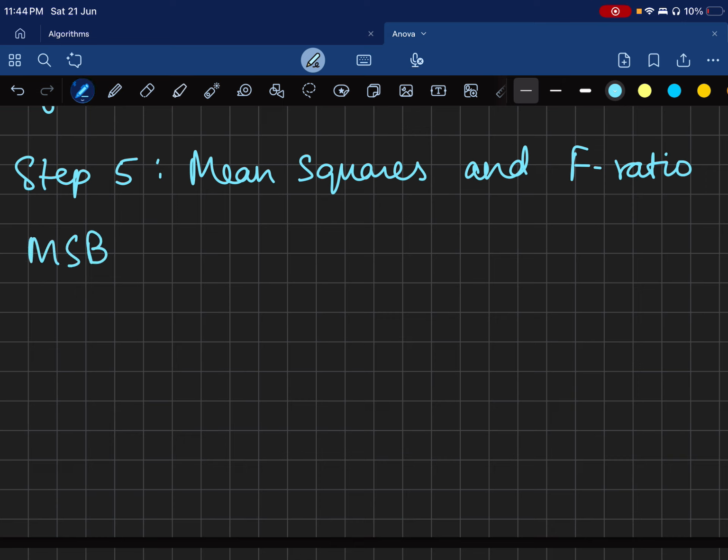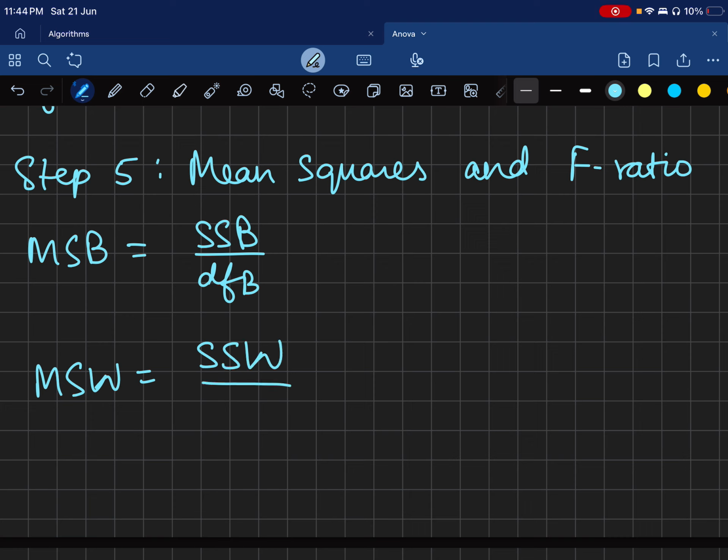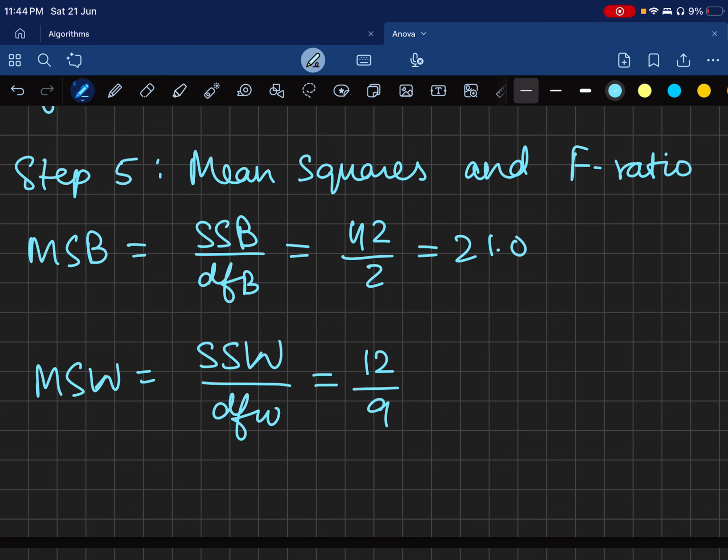There are two mean squares, MSB, which is SSB by DFB, and MSW, which is SSW by DFW. So SSB by DFB is 42 by 2, which is 21. And SSW by DFW is 12 by 9, which is 1.33.